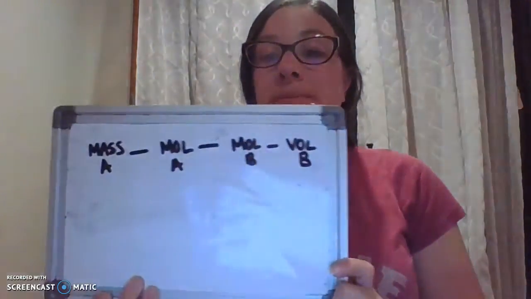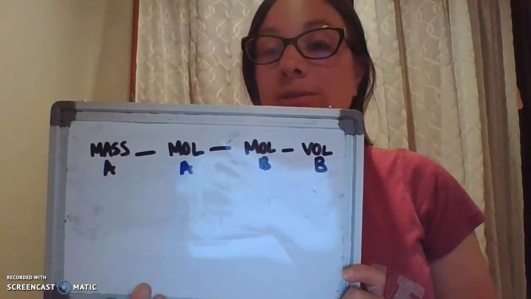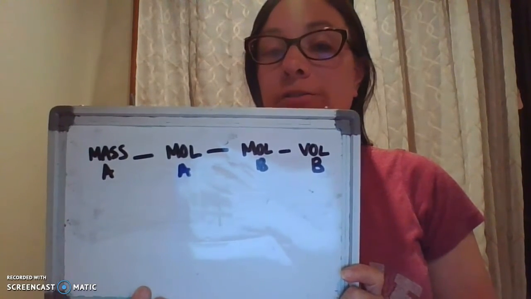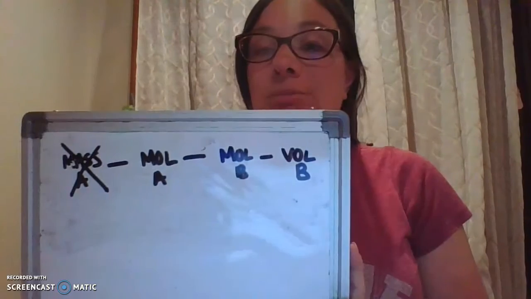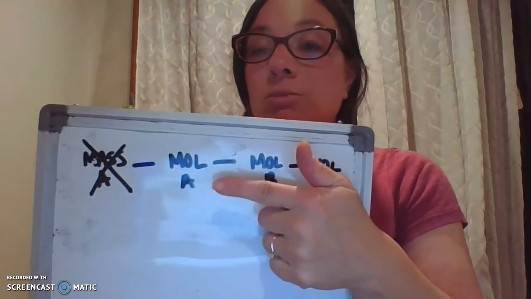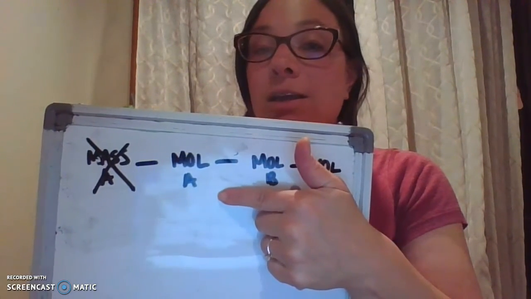So I'm going to take a minute to write out the roadmap, the new roadmap that was in the notes. Mass of A to moles of A to moles of B to volume of B. Now I'm going to cross off mass of A because I'm not starting with mass, but I am starting with moles. I'm starting at moles of substance A, 0.5 moles of H2.